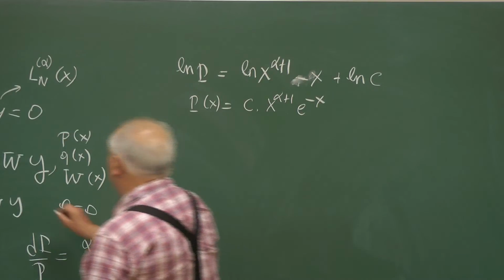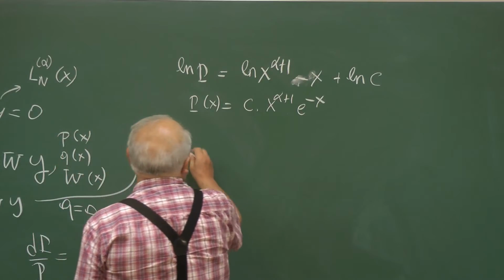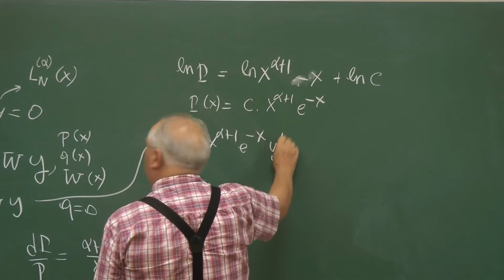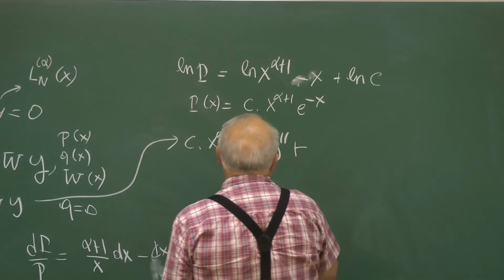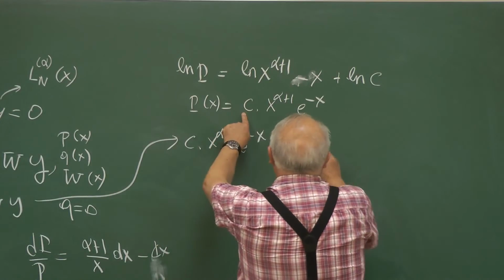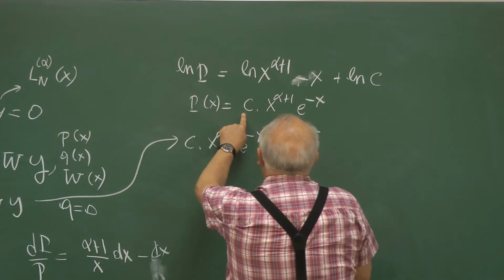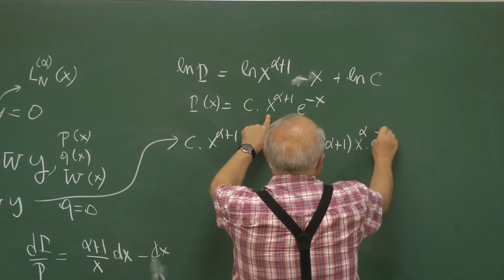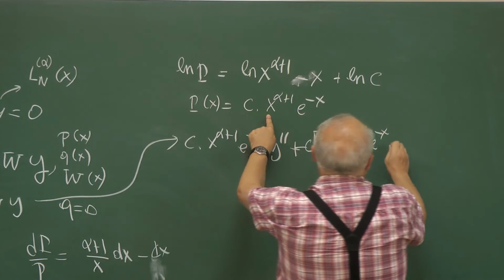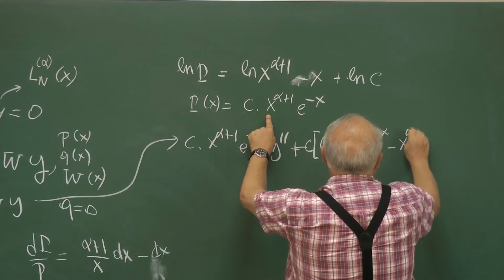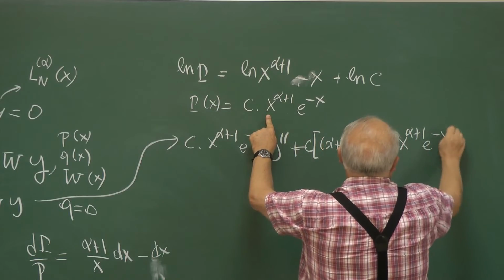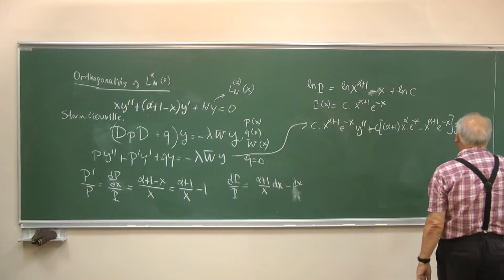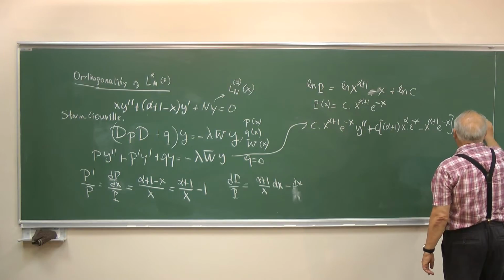So I am writing this equation now. C times x to the alpha plus 1 e to the minus x y double prime plus the derivative of p. So it is, constant is multiplying, alpha plus 1 times x to the alpha times e to the minus x minus x to the alpha plus 1 e to the minus x times y prime is equal to minus lambda w y.